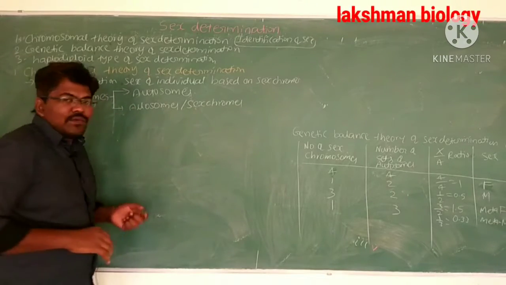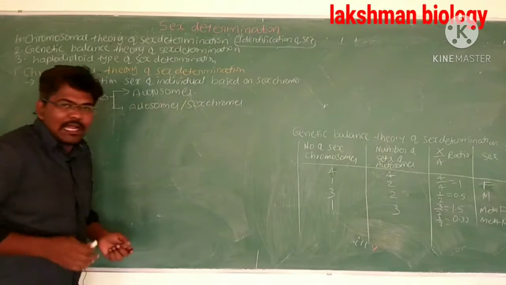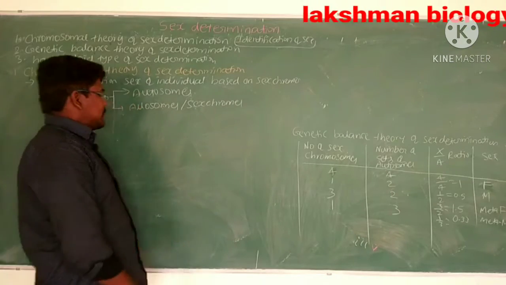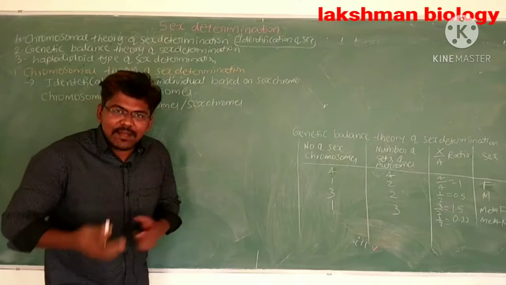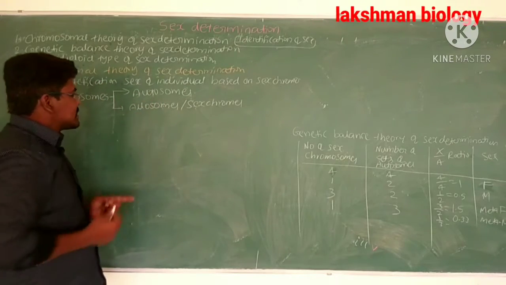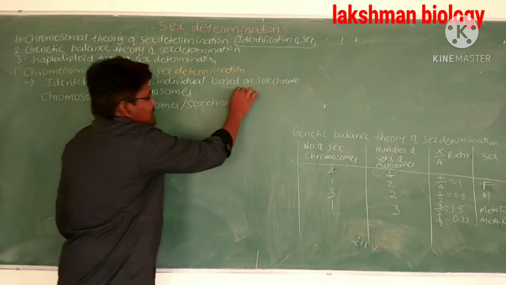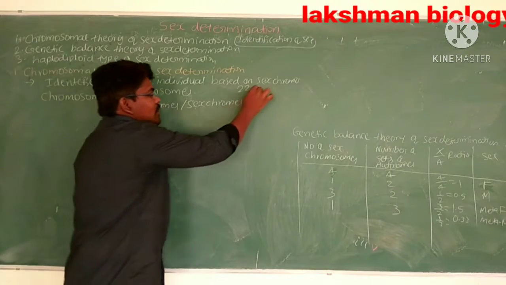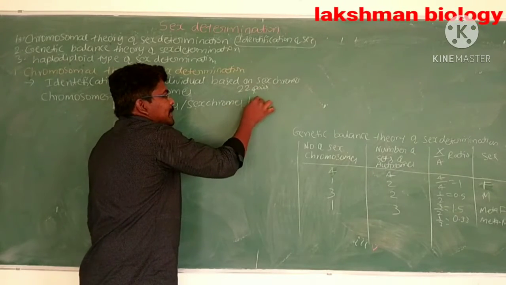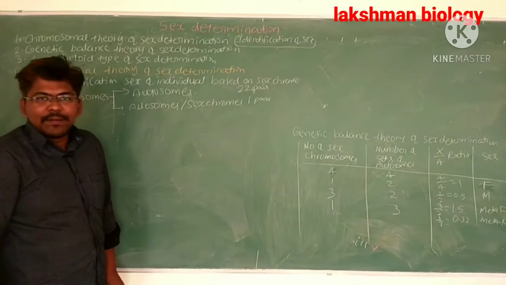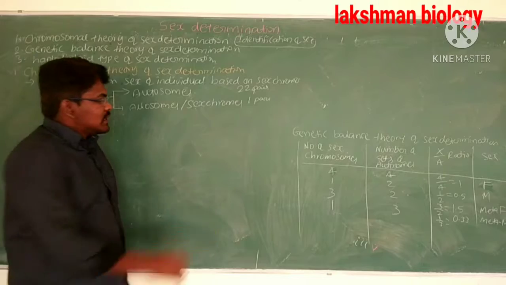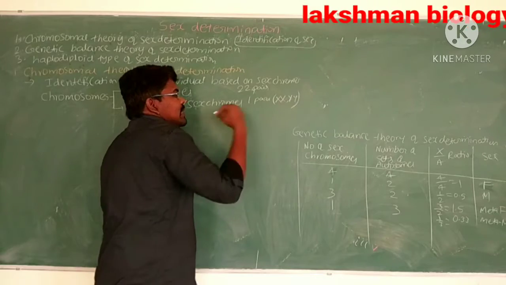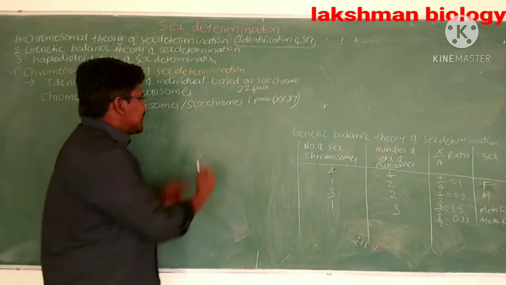Based on the type of allosomes or sex chromosomes, we can determine the sex of the individual. If you take human beings as an example, human beings have 22 pairs of autosomes, and one pair of allosomes. That one pair is XX in females, while males contain XY as sex chromosomes.